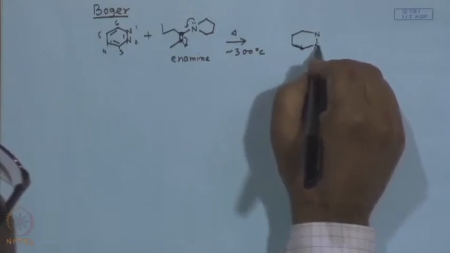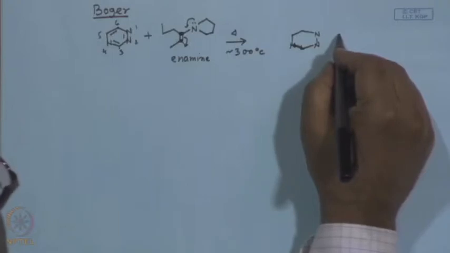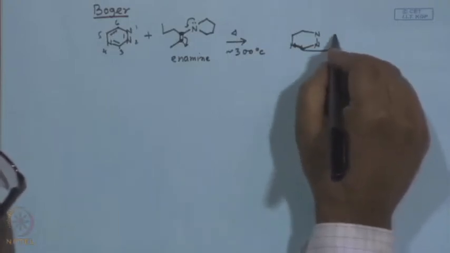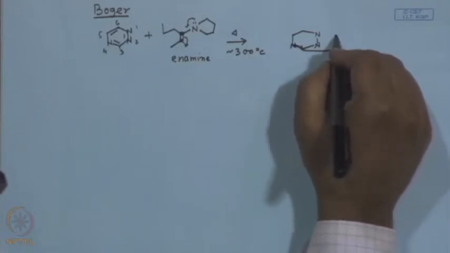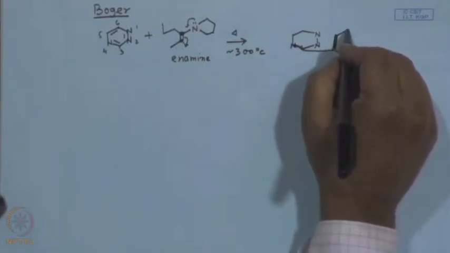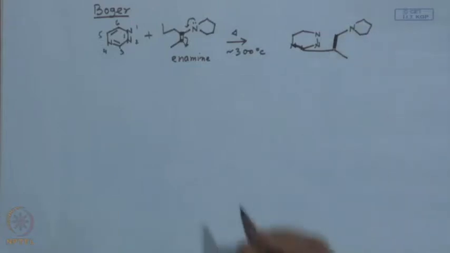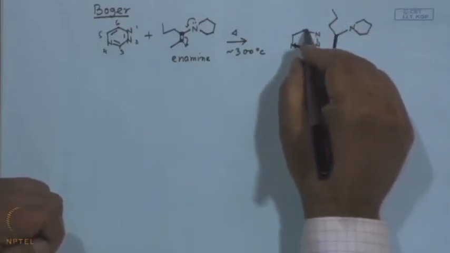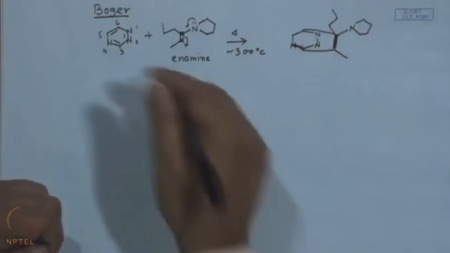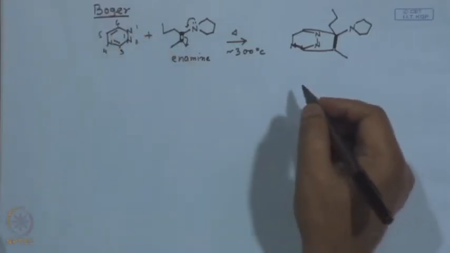So, this nitrogen here, and then this adds here, then we will have a methyl group, this nitrogen, then this is that pyrrolidine ring, and you have a propyl chain, and then this is 1, 2, 3, 4 now. Now, this portion becomes the diene part.